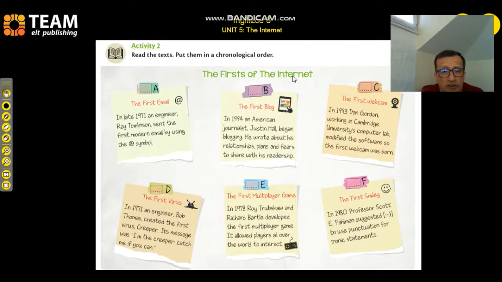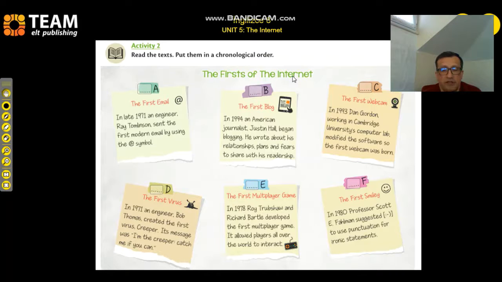Yes, the first virus. In 1971, an engineer, Bob Thomas, created the first virus, Creeper. Its message was, I am the Creeper, catch me if you can. Yes, the first virus, ilk defa çıkan, yani ilk virüs, internet dünyasında veya bilgisayar dünyasında internet vasıtasıyla gelen ilk virüs 1971 yılında yapıldı ve Bob Thomas adında birisi bu virüsü yaptı.